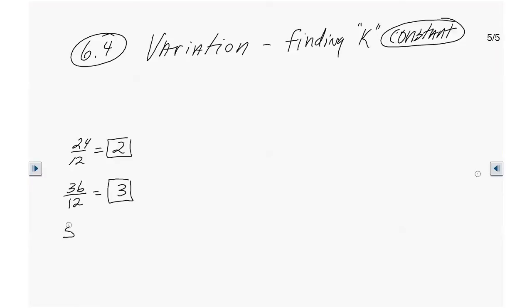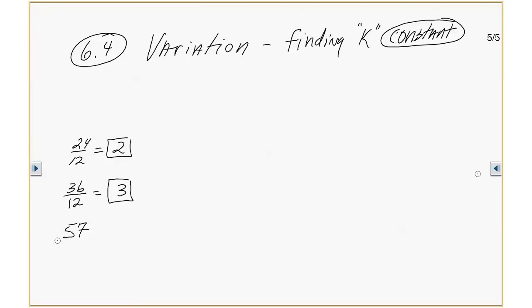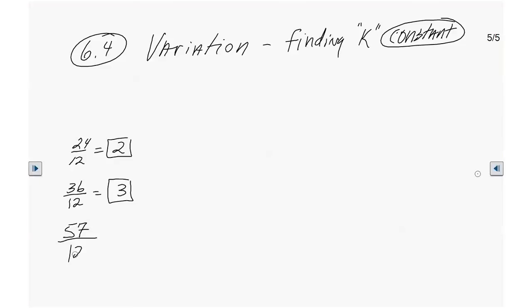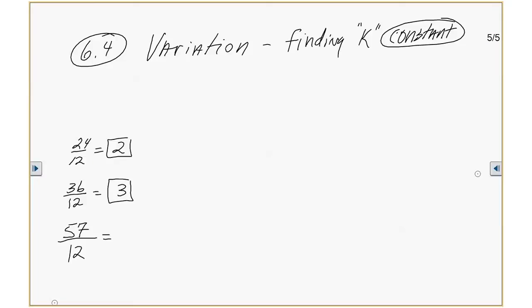I'm so proud of you. 57, I think I said 57, 56, whatever, over 12. Somebody do that on your calculator right quick. What do you get? There'll be a decimal. What is it? 4.75. So you would take your calculator and you would multiply 4.75 times each one of your ingredients, right?